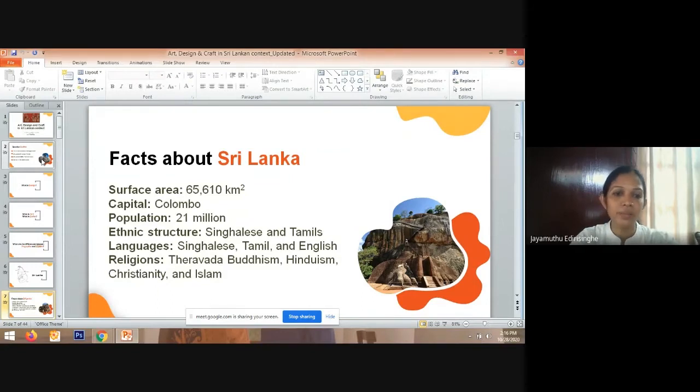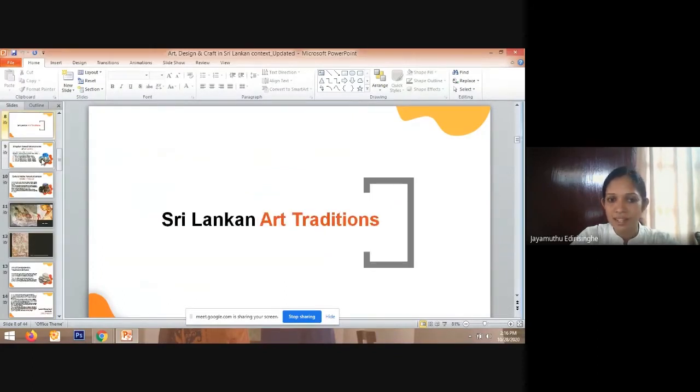And we mainly have only three languages we talk, the first being Sinhalese, and Tamil. There are Tamil speaking people in Sri Lanka, and English is also used here in Sri Lanka. That is some information about Sri Lanka.